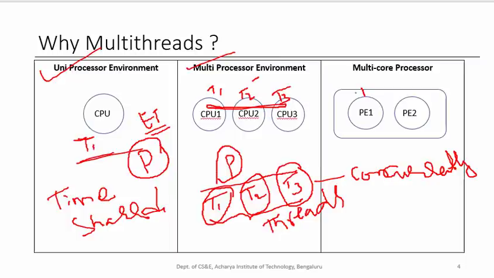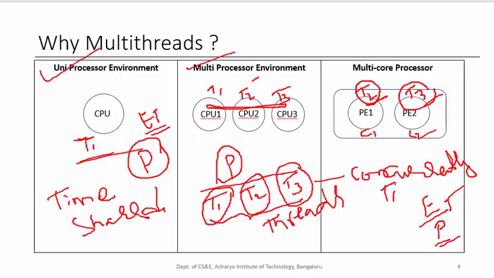Here also you can schedule two threads on these two different cores and they can run simultaneously. Since the operating system is time shared, when T1 completes its time slice, another thread will run on this, or when T3 completes its time slice, T1 will run on this. So here also the execution time of the process P will drastically come down.